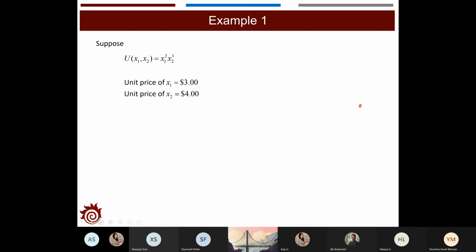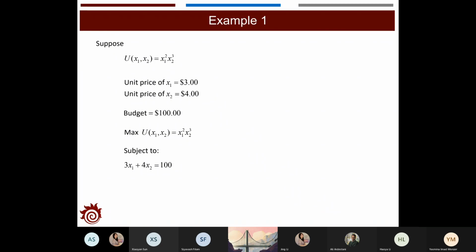And now we assume that there are unit prices: x1 is $3 and x2 is $4. And also we have a budget of $100. With that, we want to find the optimum values of x1 and x2 to maximize the defined utility function. So first, we write down the budget constraint.